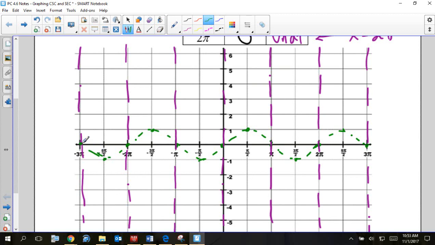Now, in our table where sine was 1, and then we reciprocate that, cosecant is now 1. So at pi over 2, 1, that point is still the same. And at 3 pi over 2, negative 1, that one's still the same because we reciprocate negative 1, it's still negative 1. So that point's still the same.